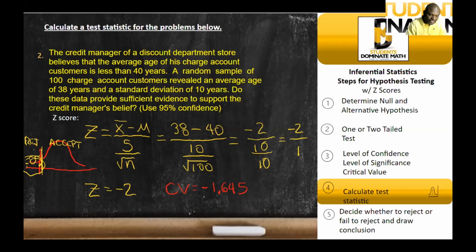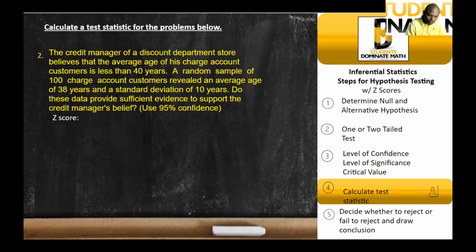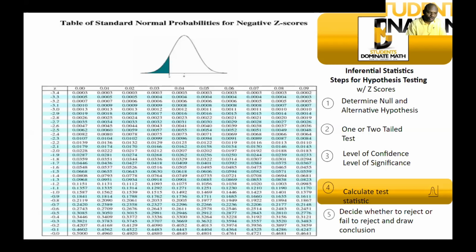So the focus is 0.05, that to the left of that critical value. Let's go to the z-score table and look for 0.05. If you look very closely, it's right in here. Again, I apologize for not making this as clear, but maybe you could go to a negative z-score table and see it a little bit better.